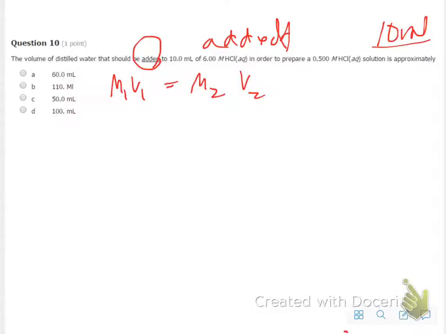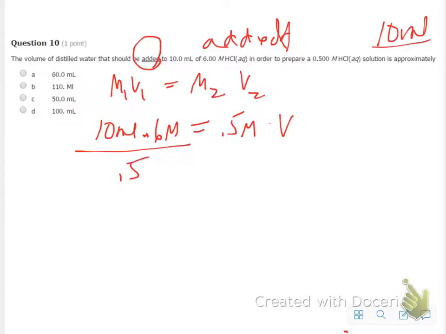Alright, so I'm going to take 10 milliliters times 6 molar equals M2, which is 0.5 molar, times the volume that I'm trying to find. So if I divide this by 0.5, that will give me the volume, right?